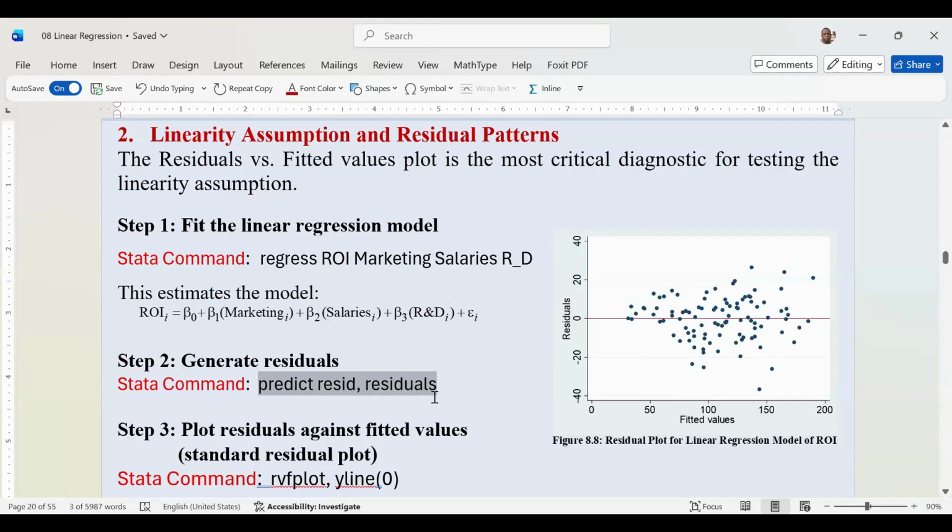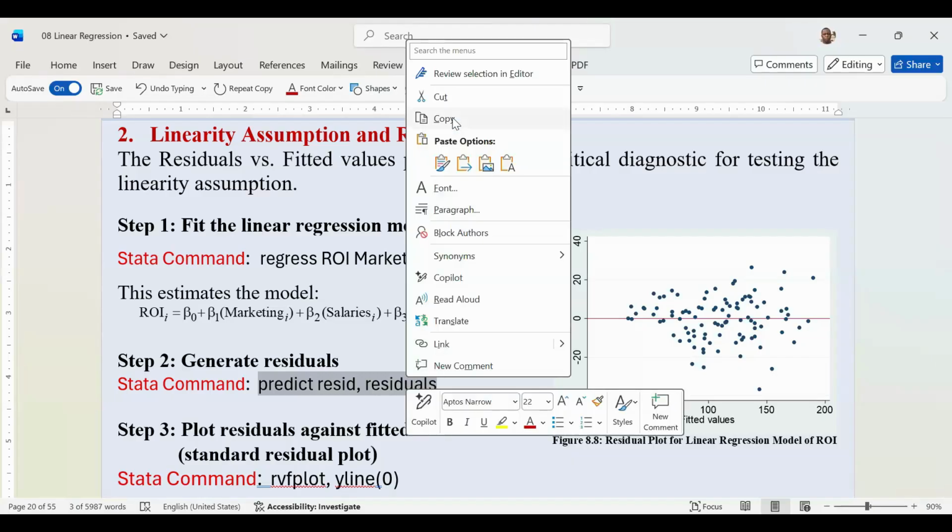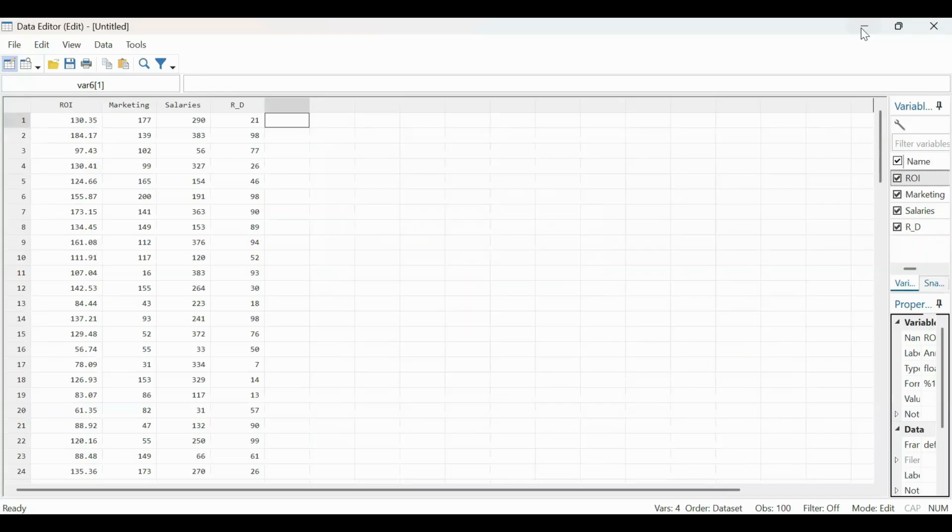25 missing values generated. In the residuals? Yes. First, let's do the regression. Regress the return on investment on marketing, salaries, and R&D. Can you see my command sheet?